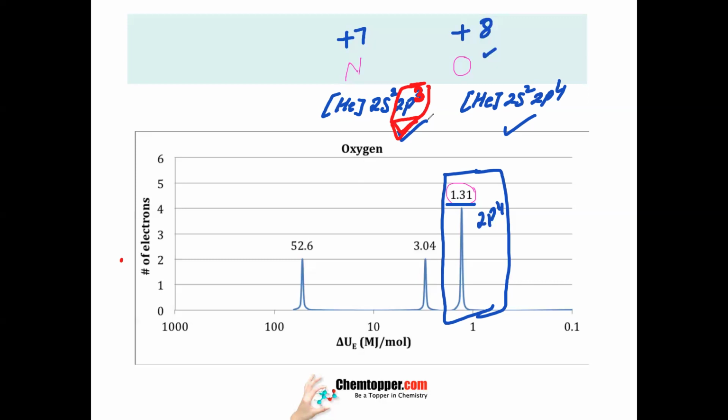More stable means difficult to remove electrons or easy to remove electrons? More stable, difficult to remove or easy to remove? Mhm. Yes, please.